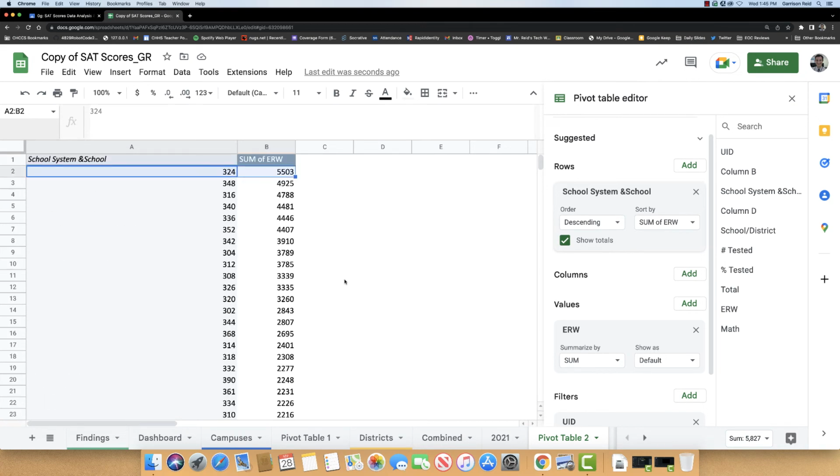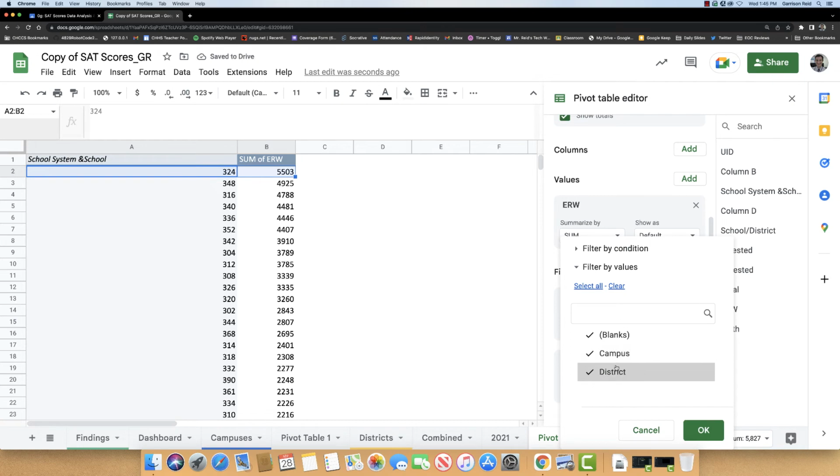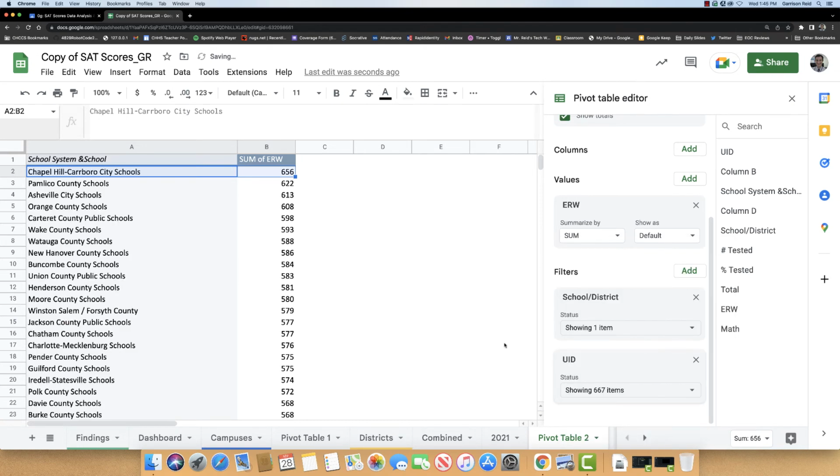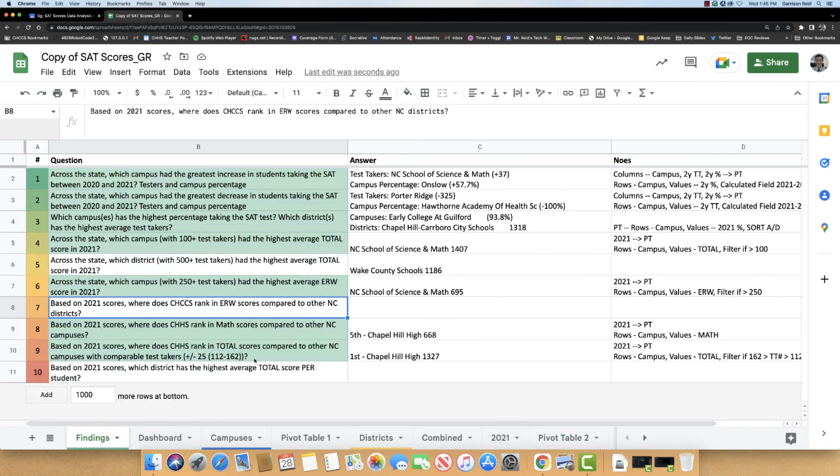We want it to only show campuses. So let's say school or district is equal to, filter, school or district is only equal to districts. Great. And we have it sorting like that. So Chapel Hill Carrboro City Schools is at the highest with an average 656 for English reading and writing.